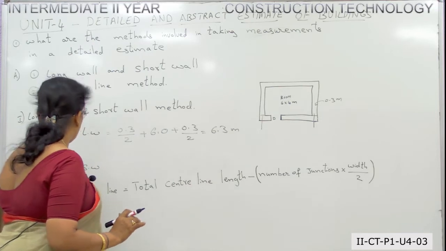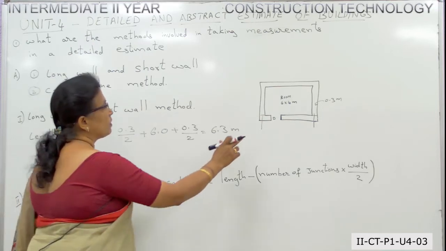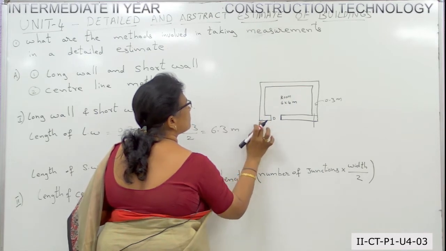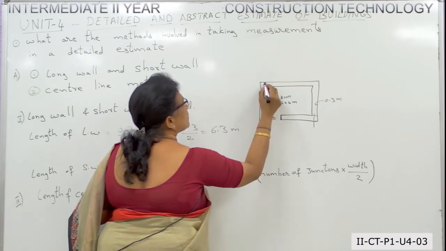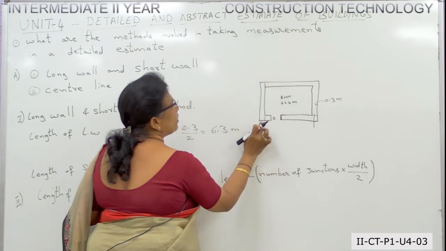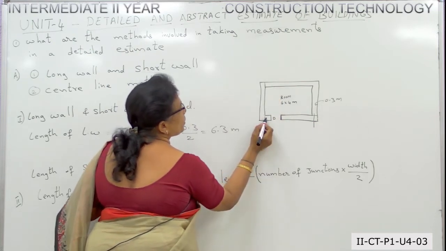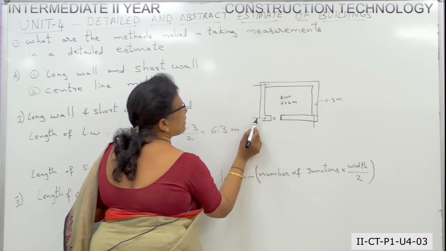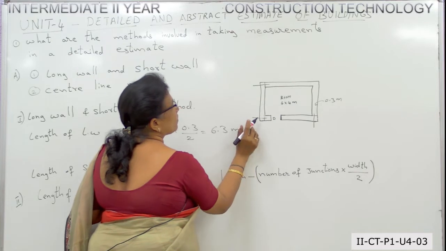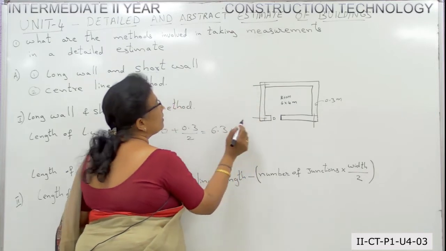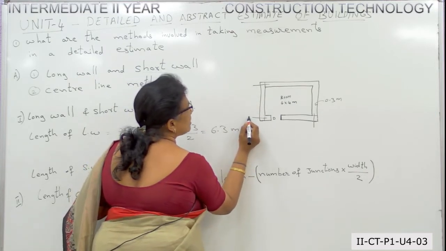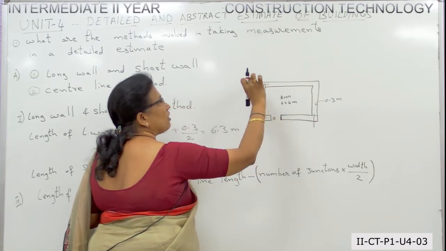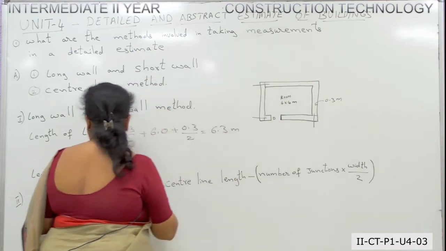Now, the length of the short wall. This is your short wall, from here to here. You need to calculate the length of the short wall from here to here: half the width of the wall, then the length of the short wall, then half the width of the wall.